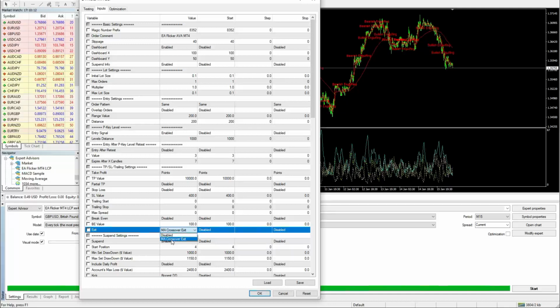Actually, if you were to buy the highest end of the Flicker course, you have a lot of entry indicators, risk management features, and exit indicators to play with. But for this strategy alone, we'll only need to use the MA crossover.